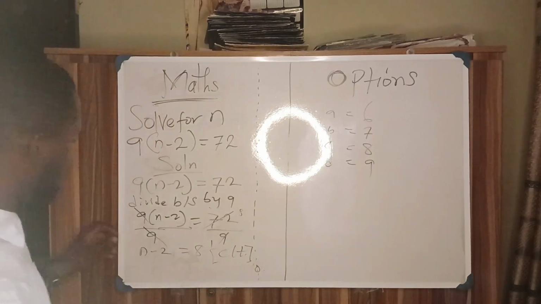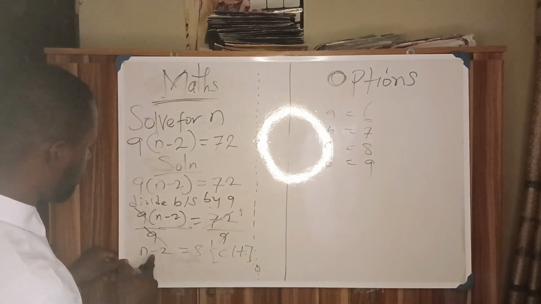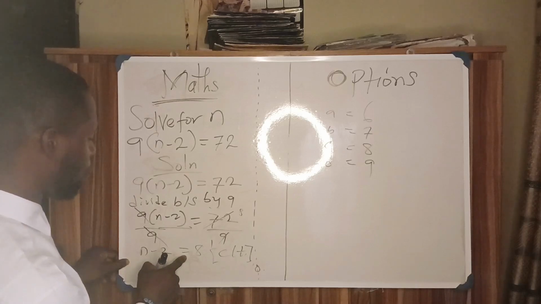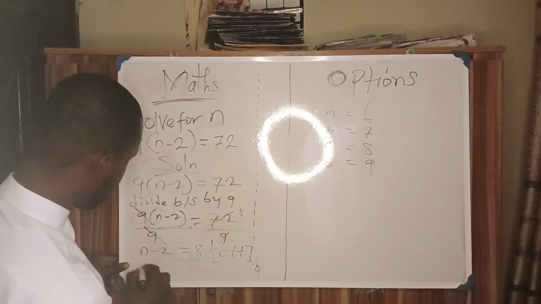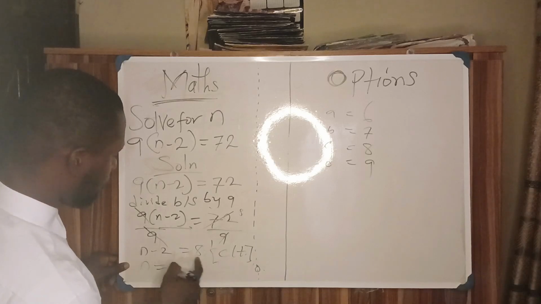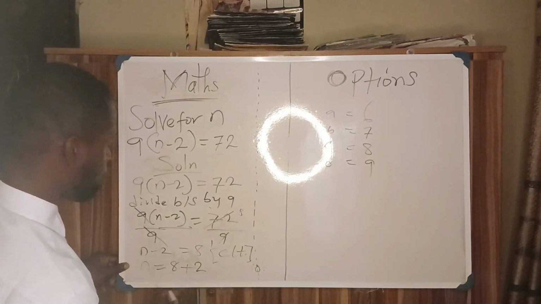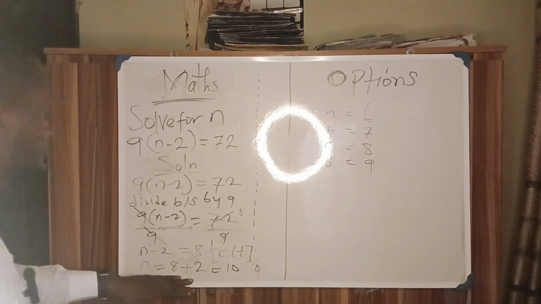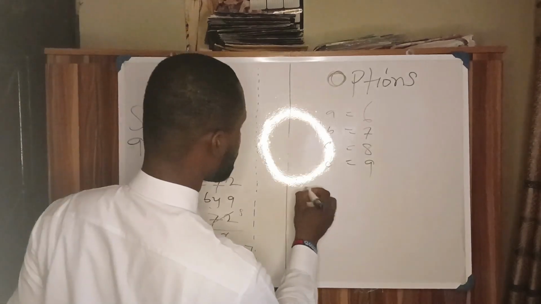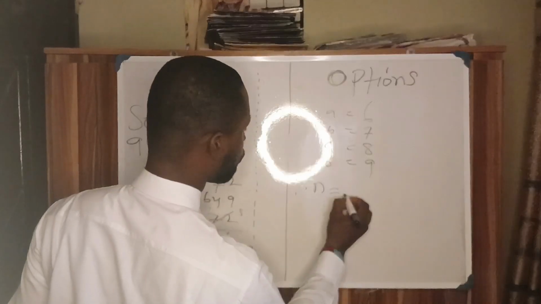When minus 2 crosses the equality sign, it turns to positive 2. So we have n equal to 8 plus 2, which is equal to 10.